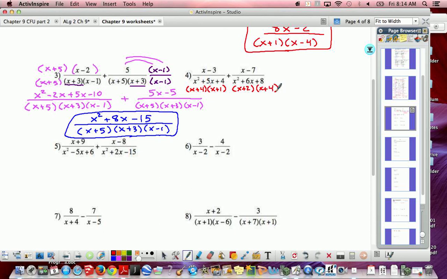So hopefully you see here that they now have an x plus 4 in common. So the first one needs the x plus 2, while the second one needs the x plus 1.